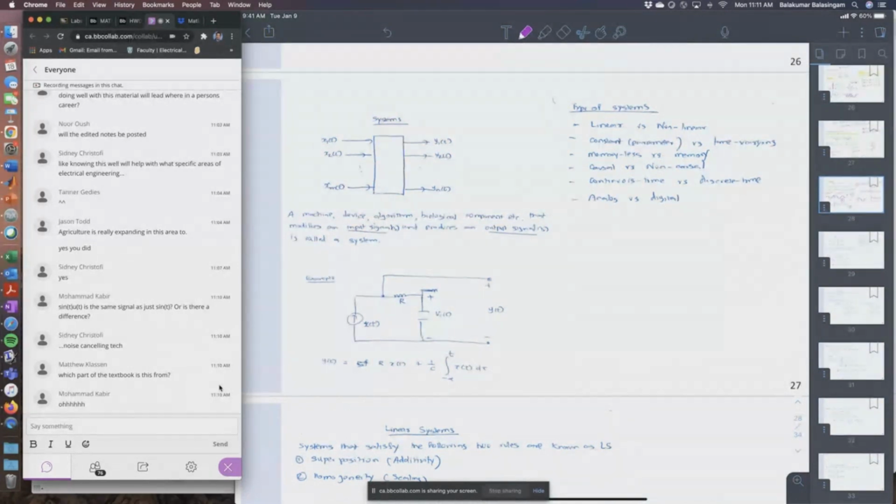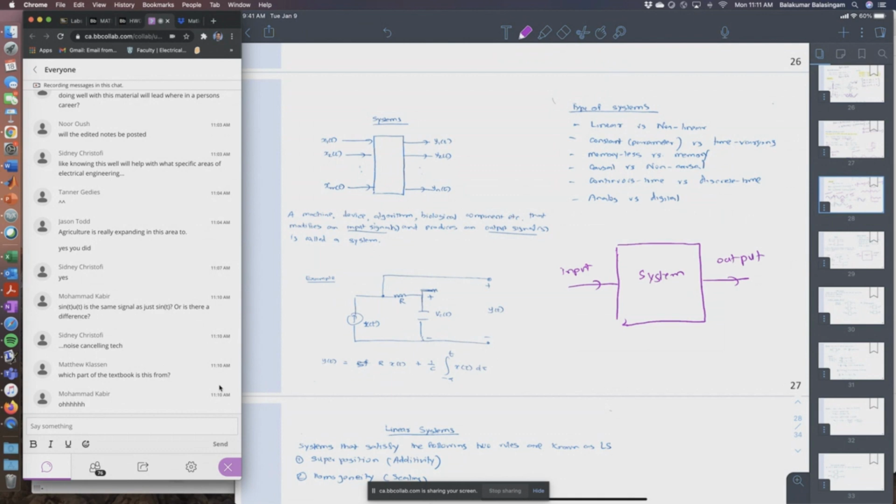So a system is, I mean, a very general definition. Usually we define a system like this: you give an input to a system and it gives an output. Now, the best example is here, this RC circuit, which we will revisit later.